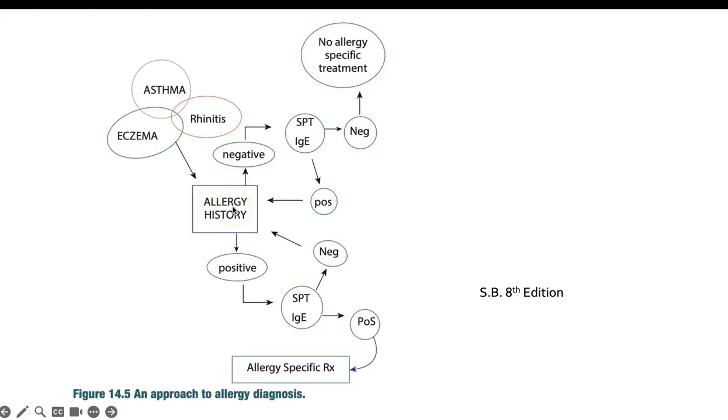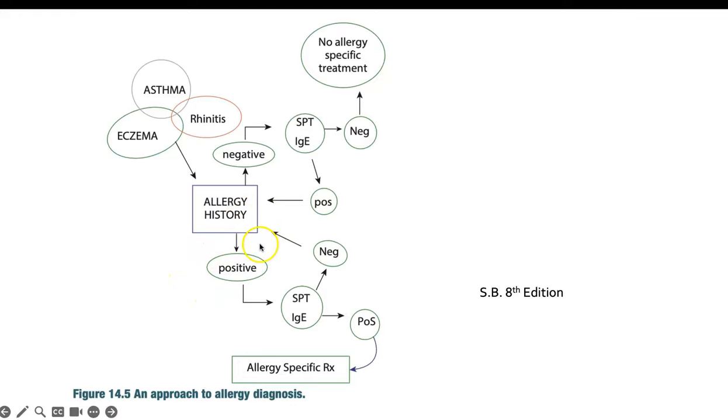Okay, if it is negative, you go for SPT or IgE, and if it is again negative, you go for non-allergy specific treatment. If it is positive, you take allergy history again, and then if it is positive, then you give allergy specific treatment.